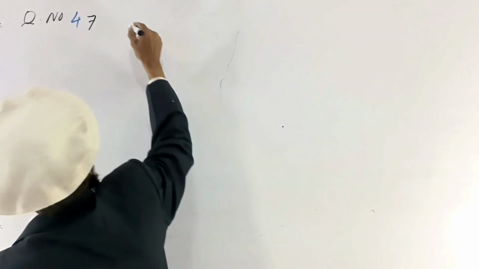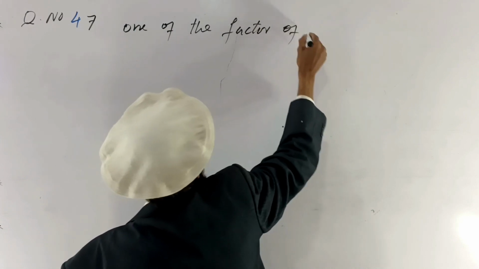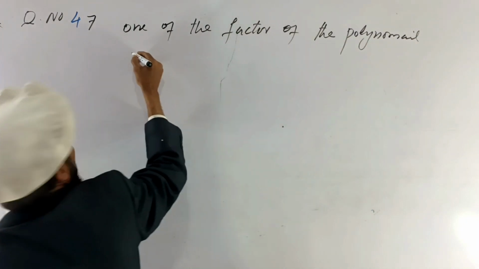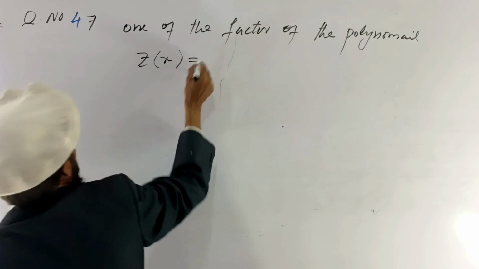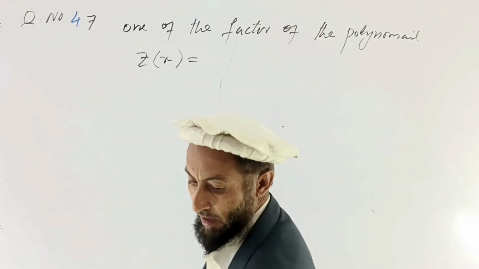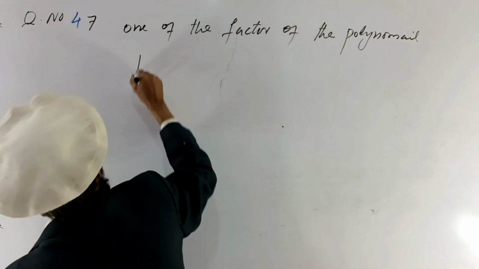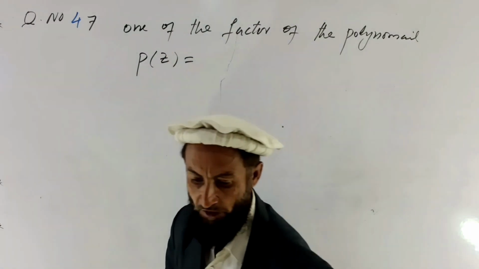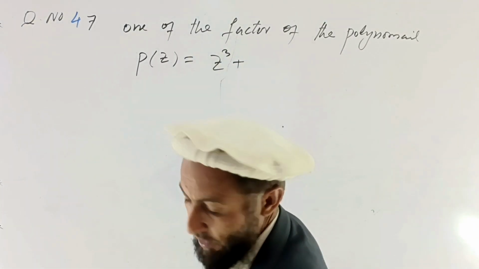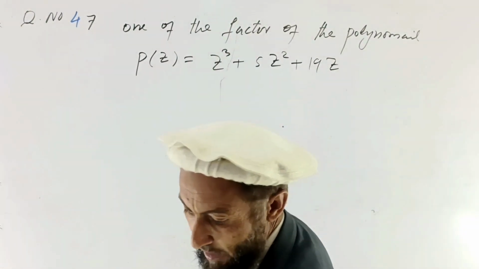One of the factors of the polynomial p of z is equal to z cube plus 5z square plus 19z minus 25.